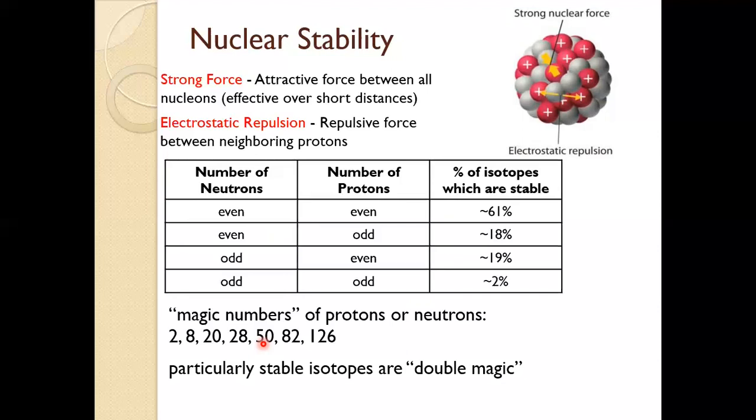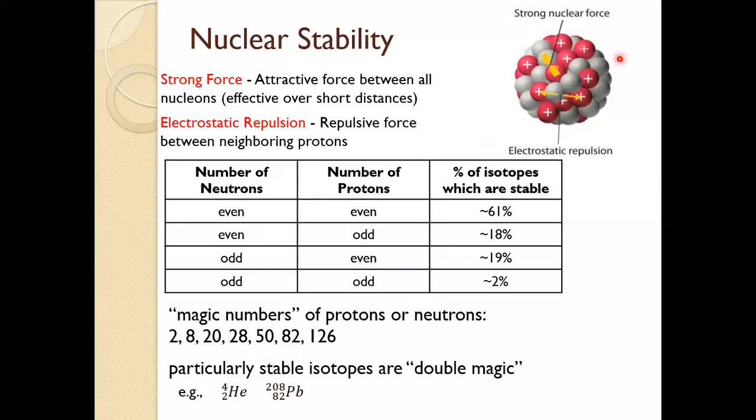And there are particularly stable isotopes that are so-called double magic, because they have both a magic number of protons and a magic number of neutrons. Two examples of that are the helium-4 nucleus and the lead-208 nucleus.